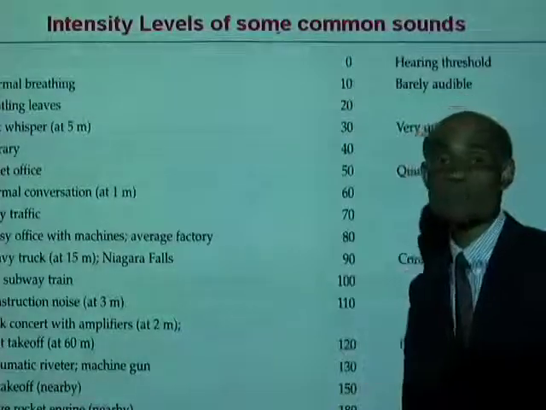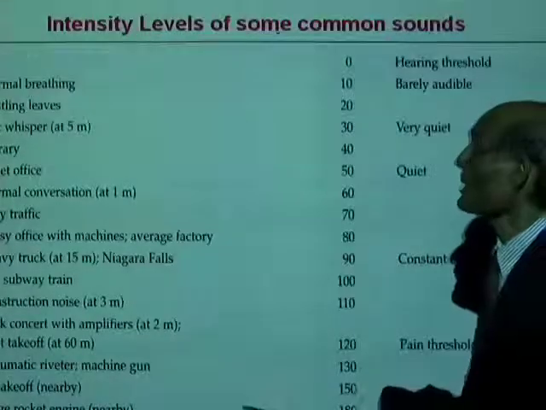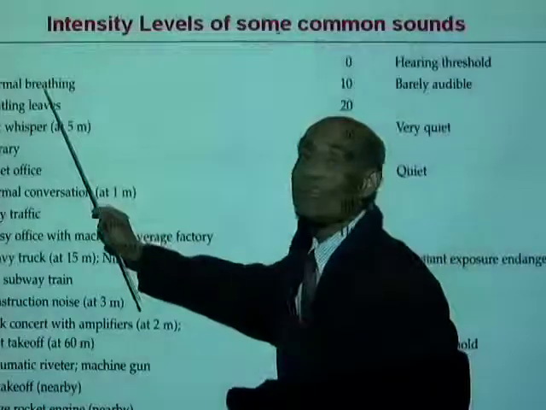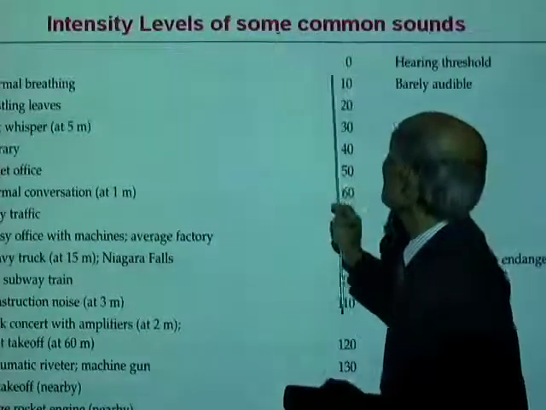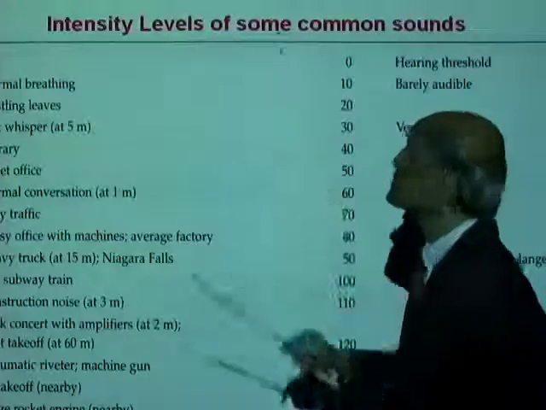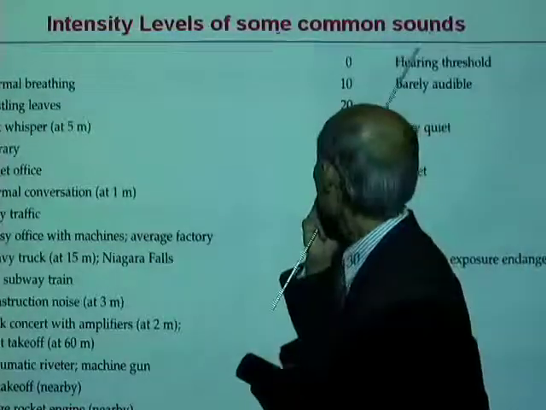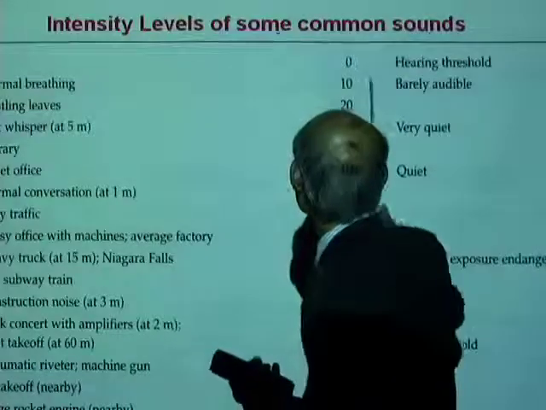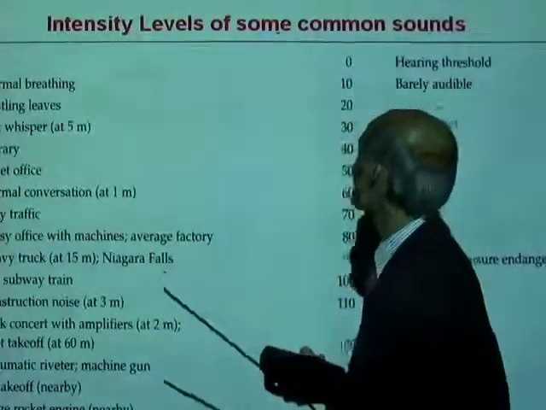Now here I have a table. I don't know whether you can see all of it on your screen. Normal breathing is intensity level... The intensity level is 0 decibel. See, normal, well, barely audible. The threshold of intensity is 0 decibel.